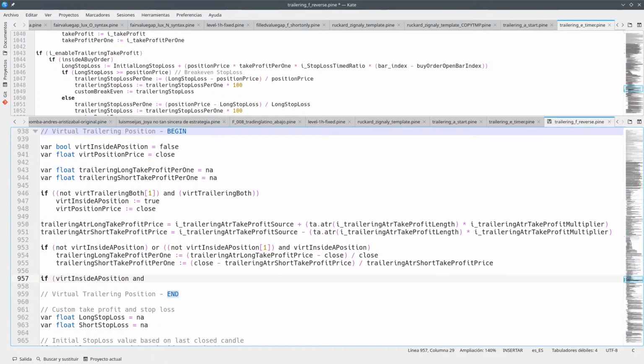If we are inside the position and how the hell do you do this so that it makes sense?